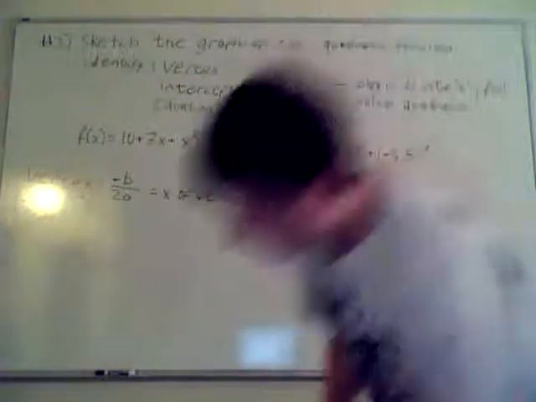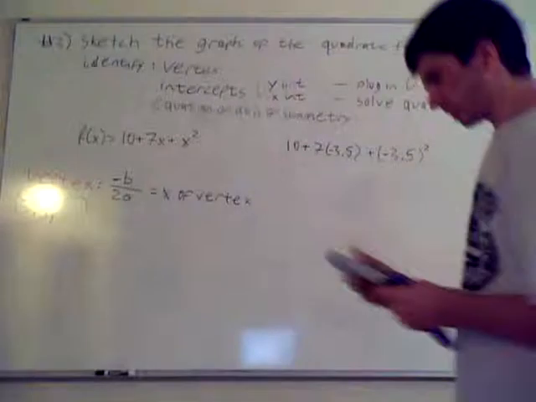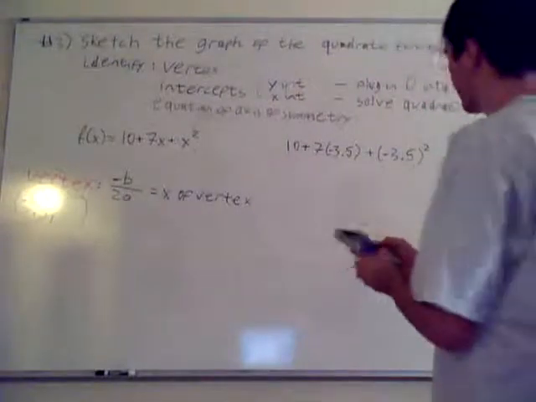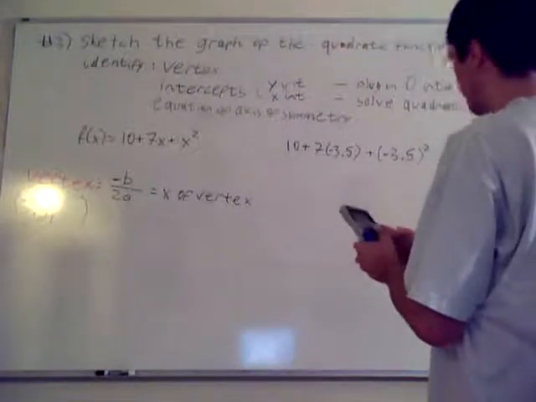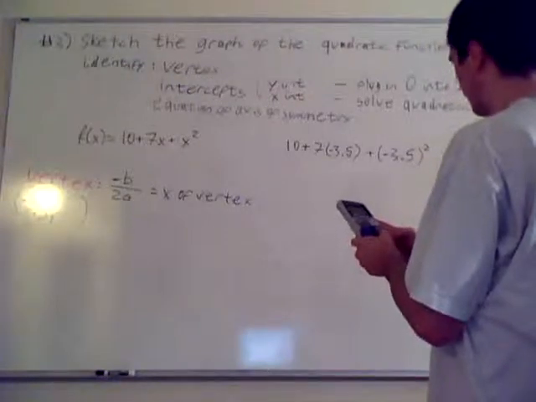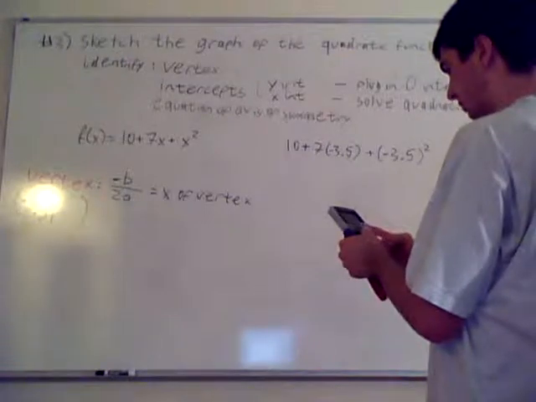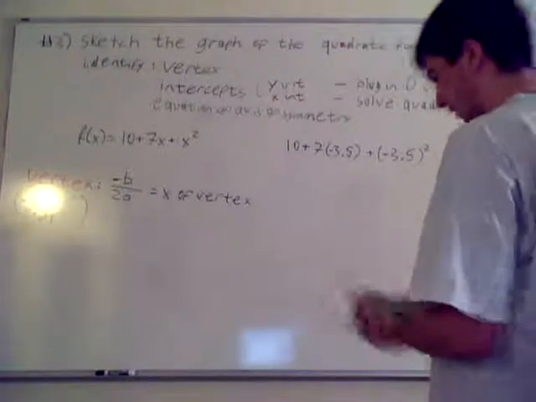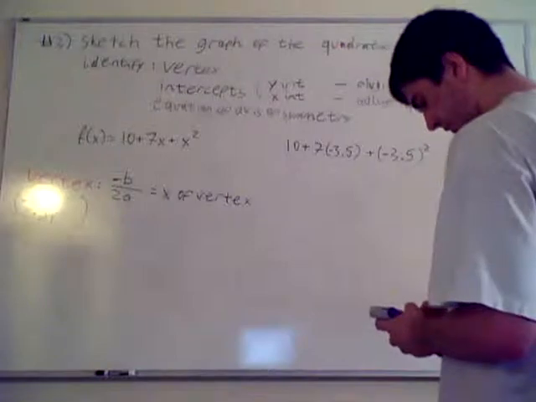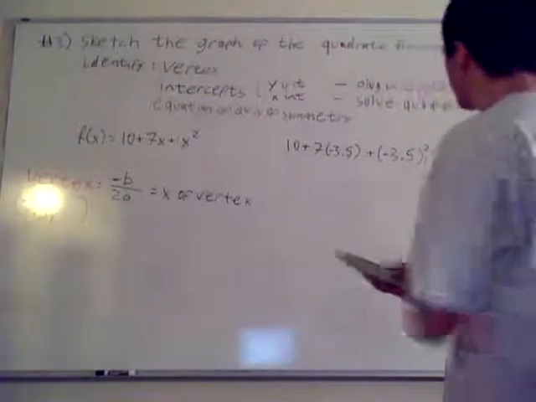And I'm going to use a calculator for this because it is kind of hard. Yeah. 10 plus 7 times negative 3.5 plus negative 3.5 squared. Alright. Let me turn my classic one on real quick.